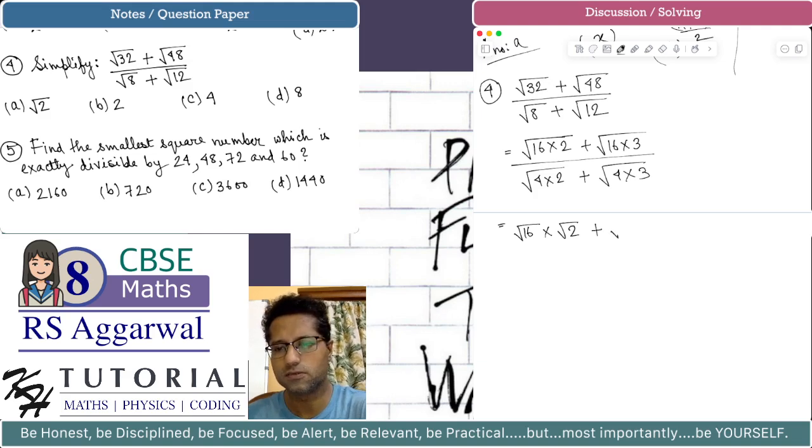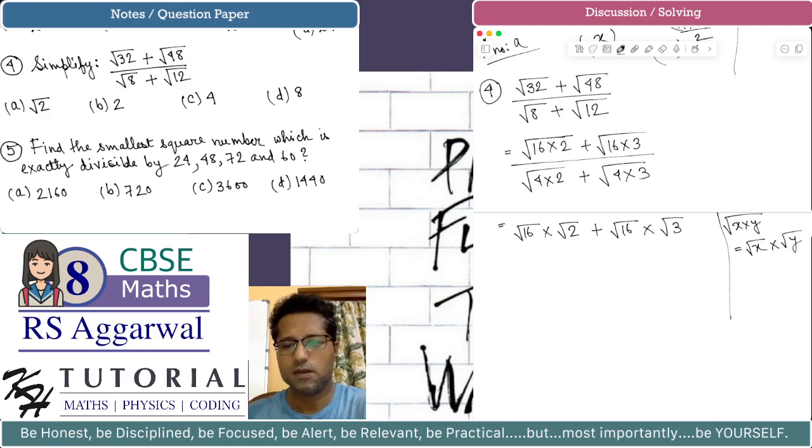We can write it as square root of 16 multiplied by square root of 3, applying the property of square root that square root of x into y is equal to square root of x multiplied by square root of y, and we have divided by square root of 4 into 2, which is square root of 4 multiplied by square root of 2. Similarly, we have here square root of 4 multiplied by square root of 3.